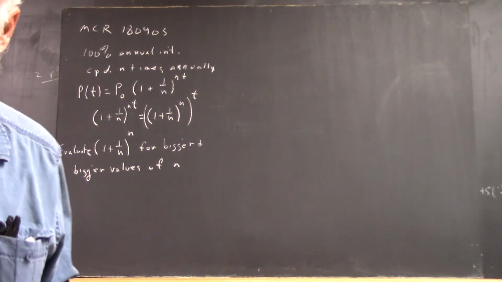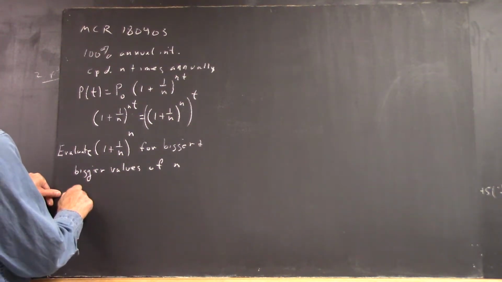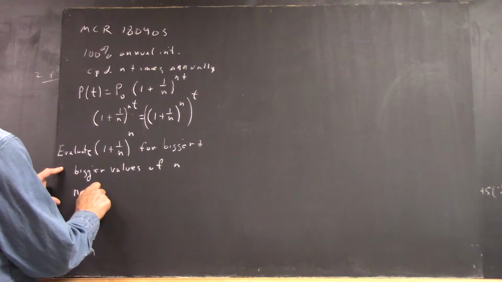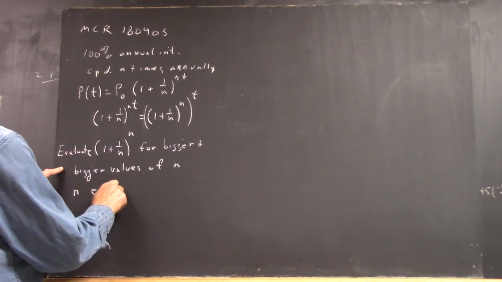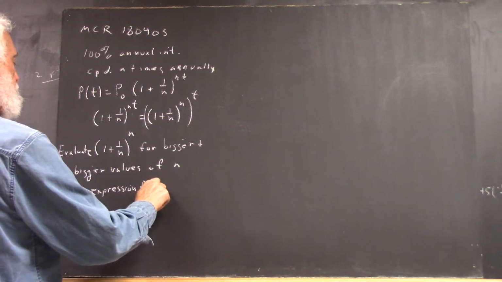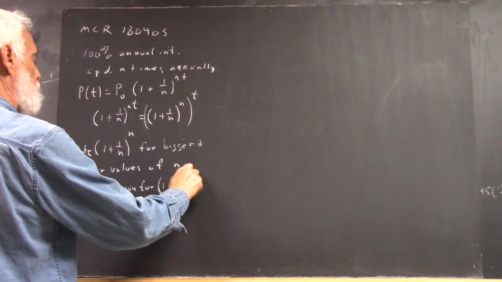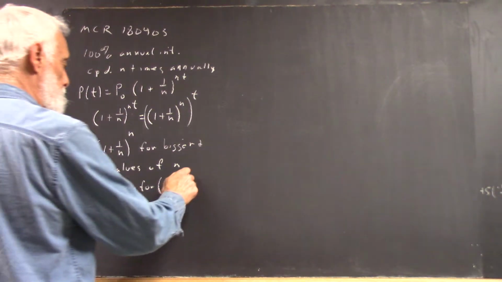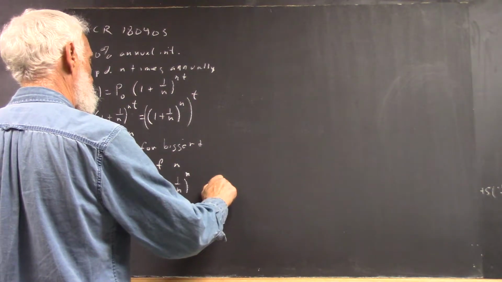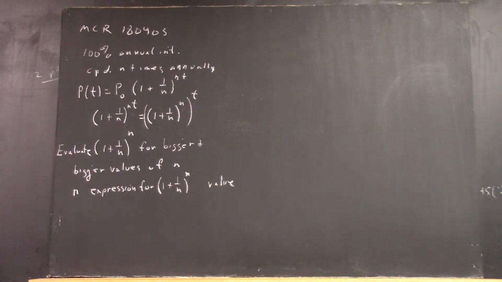Okay? So I'm going to make a table: n, the expression for 1 plus 1 over n to the n, and the value that you get when you raise 1 plus 1 over n to the n.